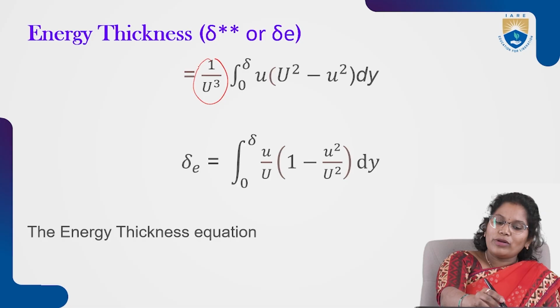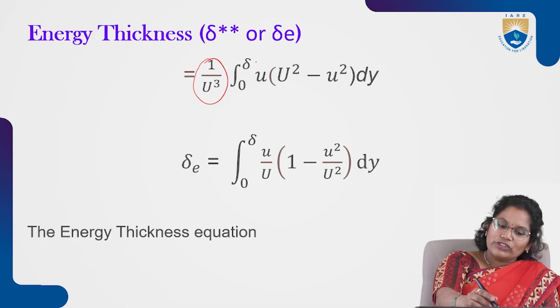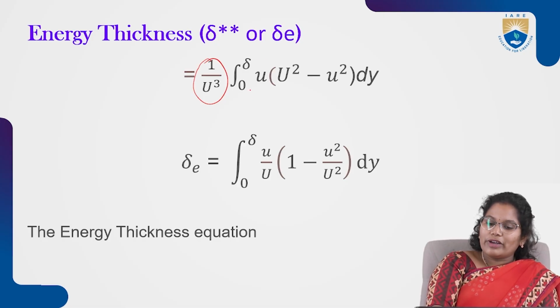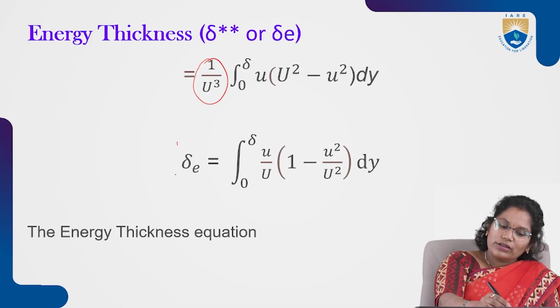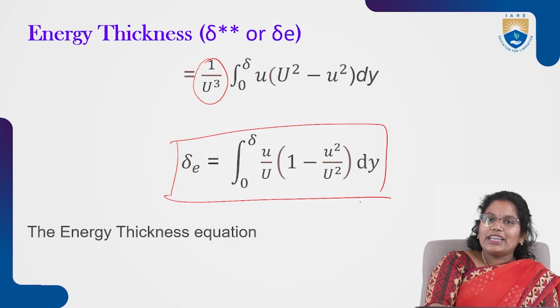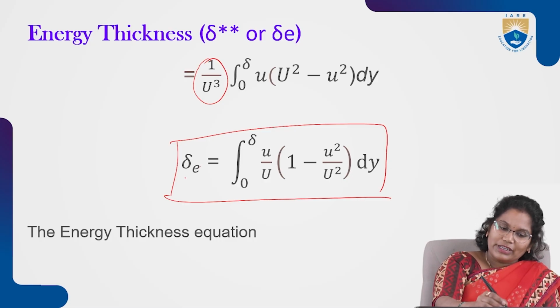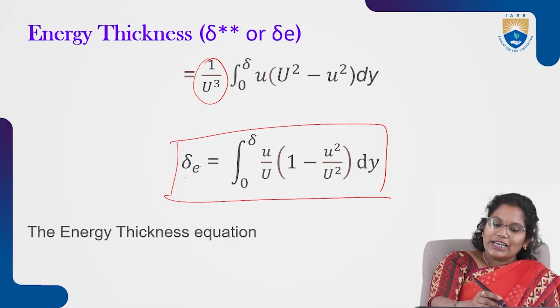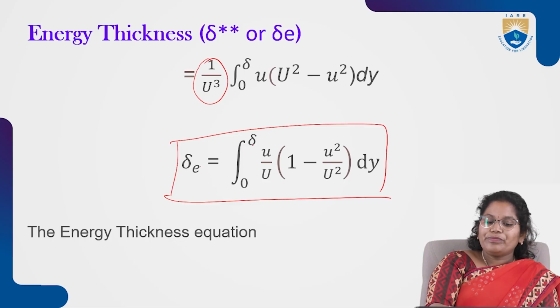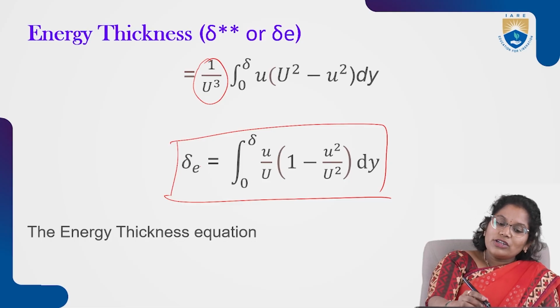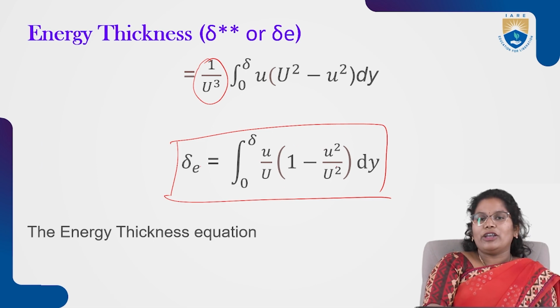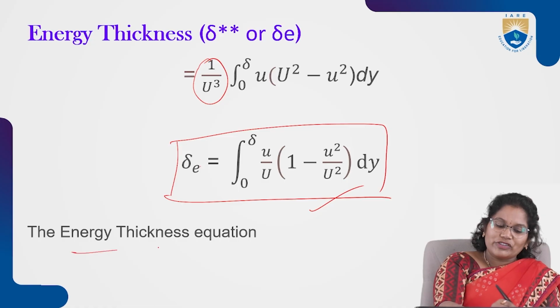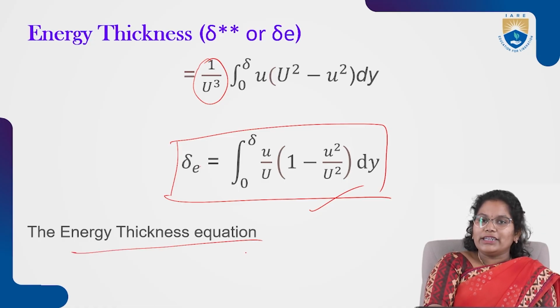Taking capital U cube to the right-hand side, the final expression for delta E, the energy thickness, is the integration from 0 to delta of small u by capital U into 1 minus u square by capital U square into dy. This is the final expression for energy thickness in the boundary layer.